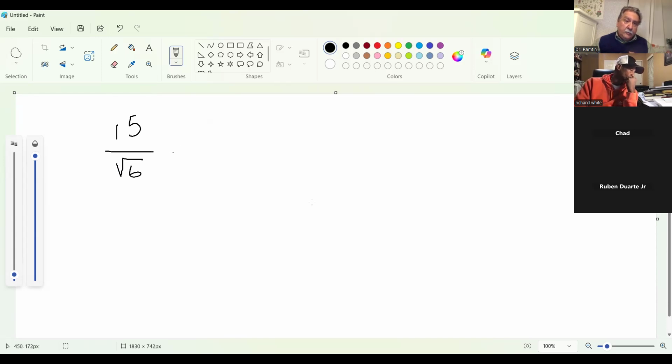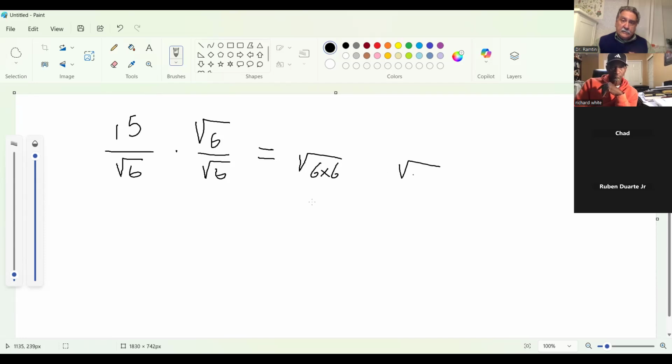I multiply both the top and the bottom by square root of 6. When I multiply this, it becomes the square root of 6 times 6, or the square root of 6 to the power of 2, so it becomes 6.